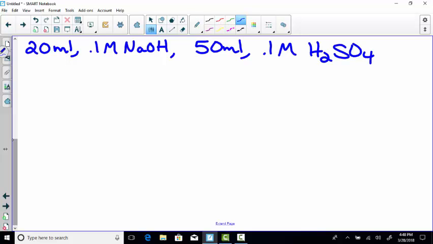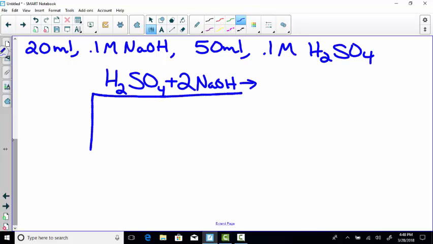If you remember from our previous reactions, all that really matters is what the reactants are doing. So all I'm going to worry about is the H2SO4 and the 2 NaOH. Yes, this yields something, but we never cared about that. And we are going to create our ICE chart just looking at that.